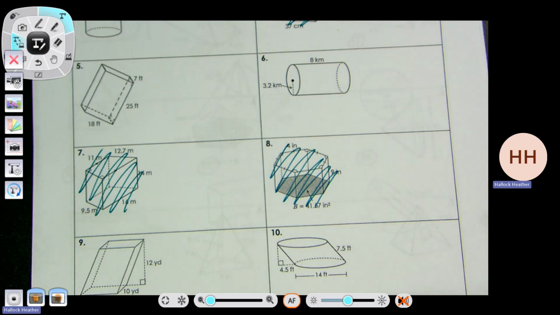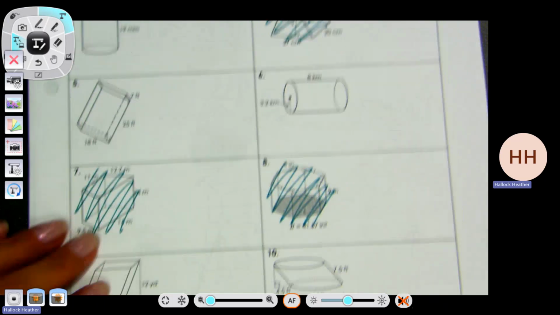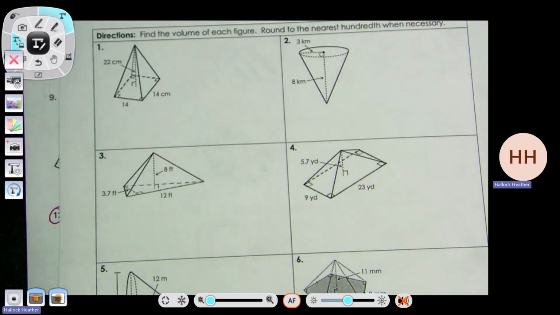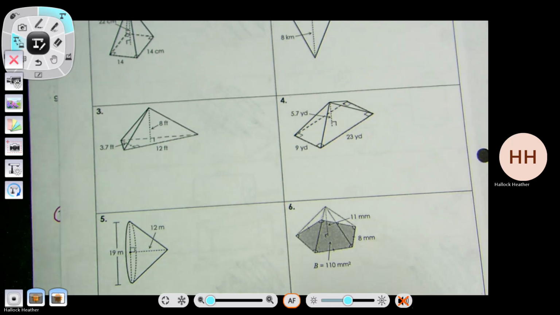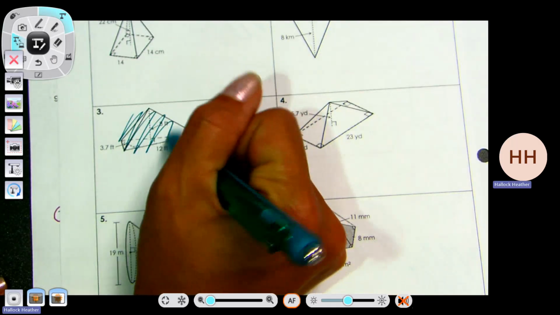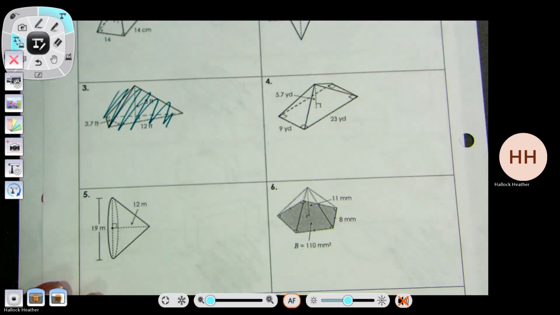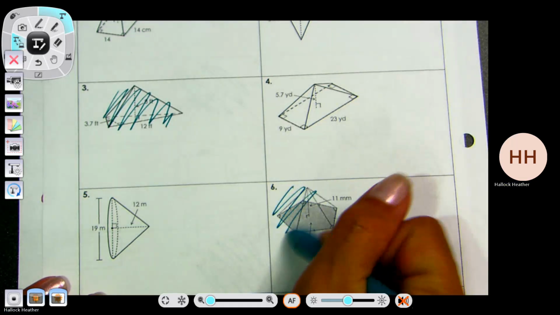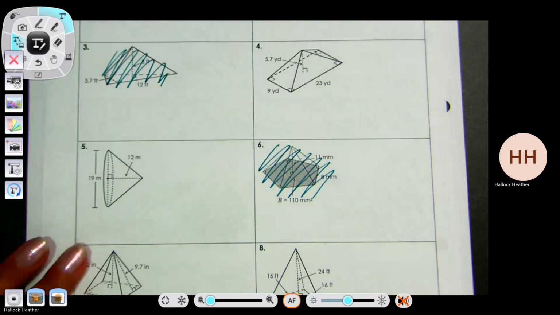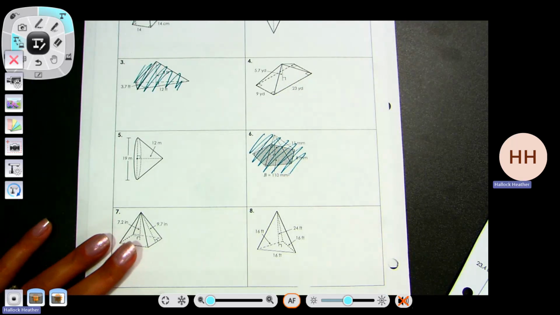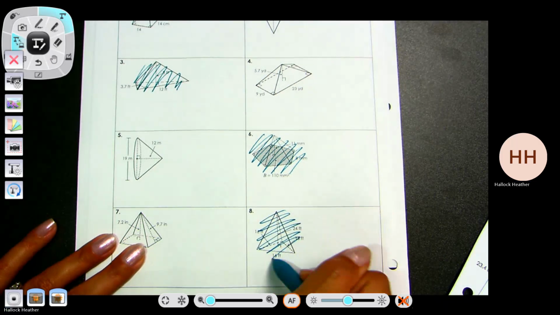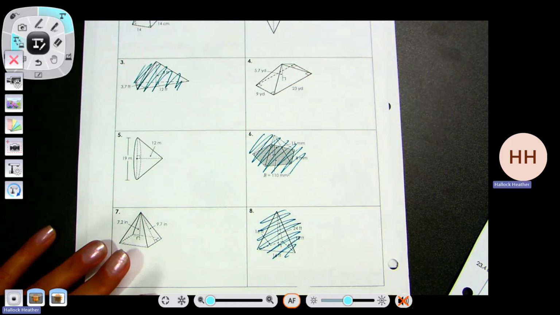Go to the back. On the back, cross out number 3. Cross out number 6. And 8. So 3, 6, and 8, you can cross out.